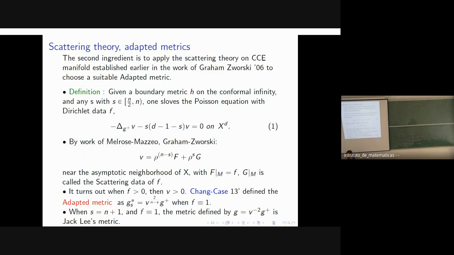We can vary the index S, and when S equals n plus 1, that's my example 1. That's the Jakley metric, which has the property that if the boundary Yamabe constant is positive, then the interior scalar curvature of the metric is positive.